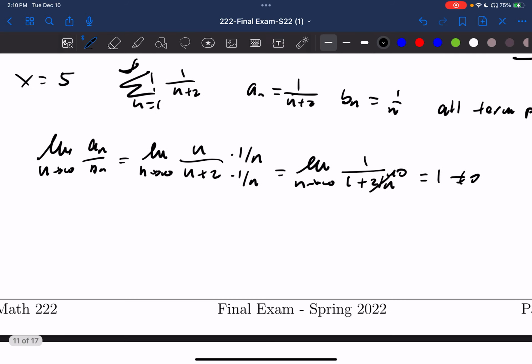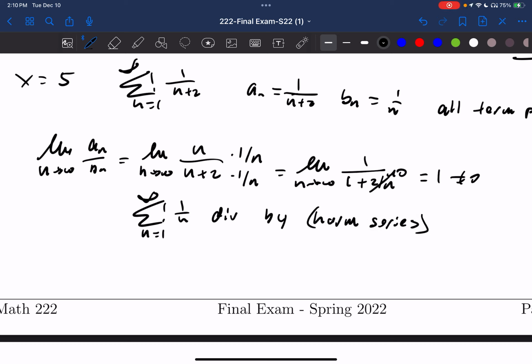Since this doesn't equal 0, and because the sum of 1 over n diverges by the harmonic series, the summation of a of n, 1 over n plus 2, will also diverge by limit comparison.